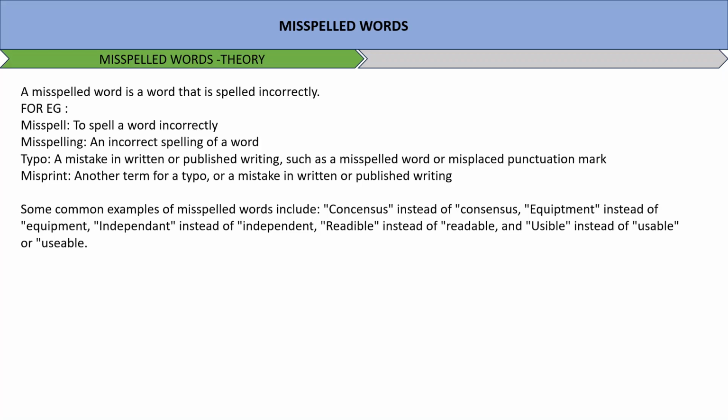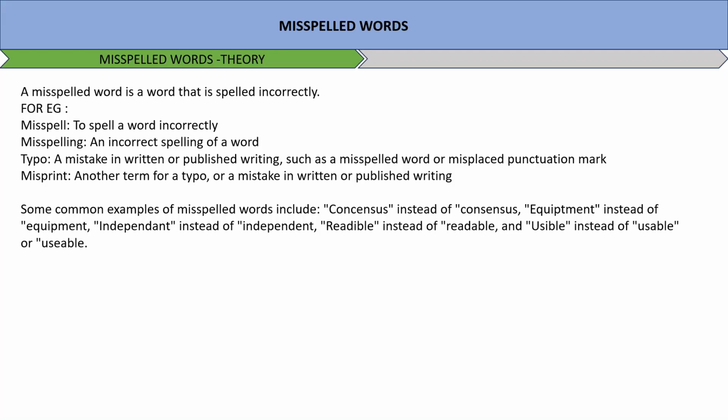So basically a misspelled word is a word that is spelled incorrectly. Misspell, to spell a word incorrectly, misspelling an incorrect spelling of a word. Typo is basically a mistake in written or published writing such as a misspelled word or misspelled punctuation mark, whereas misprint is another term for a typo or a mistake in written or published writing.